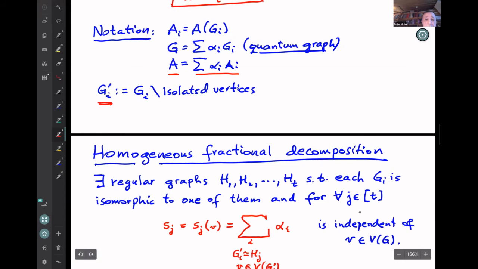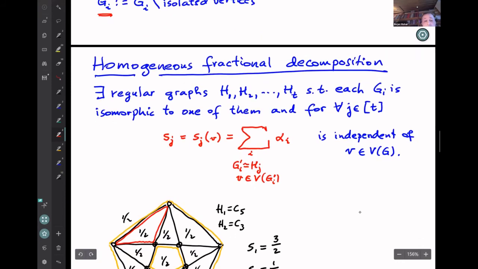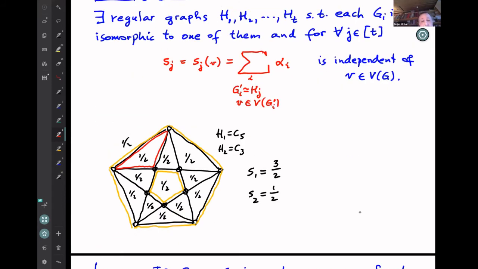So let me give an example. Here it's maybe a picture. I'll take this graph on 10 vertices, which some people call a prism. It has an odd cycle here, a cycle of length 5, another cycle of length 5, and then a double matching joining these two cycles.